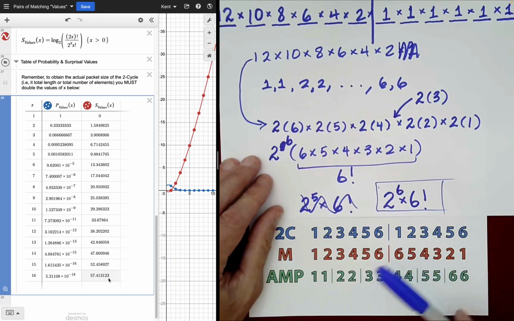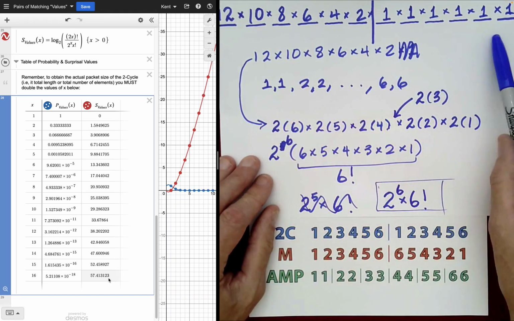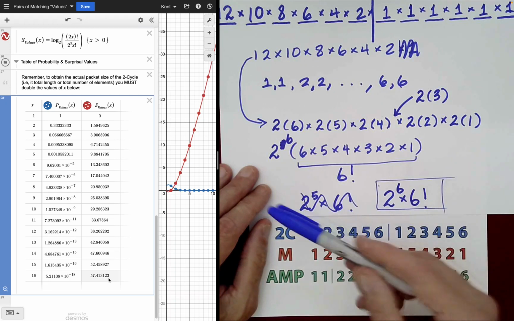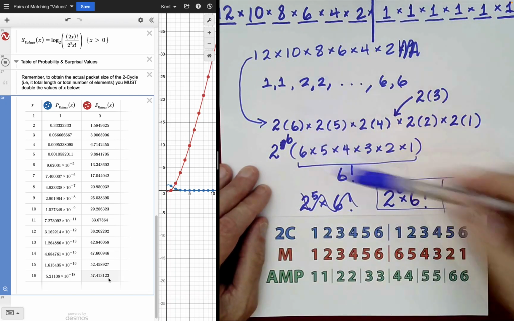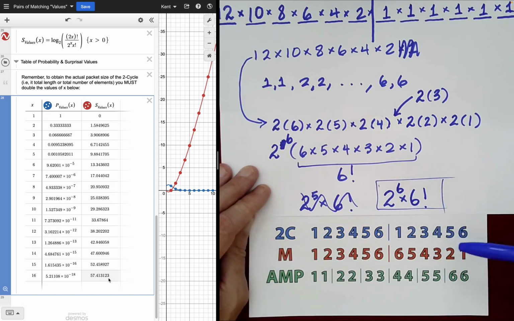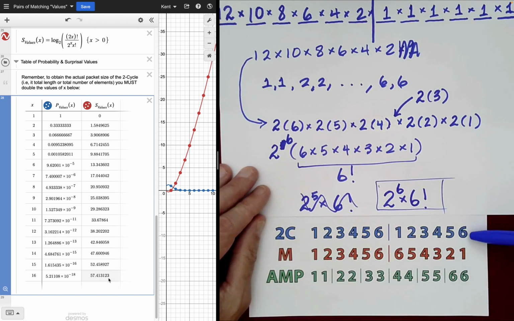But if you actually follow this strategy here for mirrored structures and the same thing for AMP structures, and then rewrite that product in a similar way to what we've done here, you'll see that each one of these gives you exactly 2 to the 6 times 6 factorial. Okay, so they truly do have the same level of surprise, and they truly do have the same probability of occurring by chance alone.